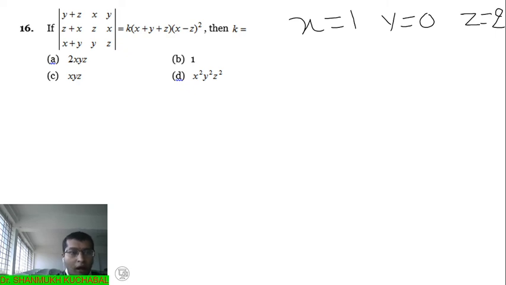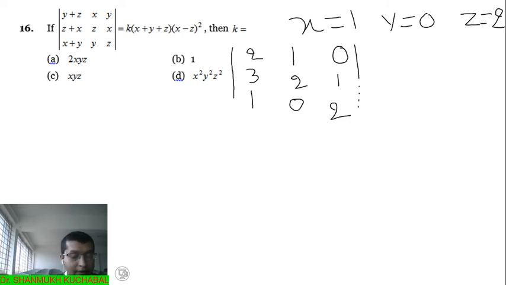Okay. If we take like this, then we get the determinant as 2, yes, y plus z is 2, next z plus x is 3, and 1, then 1, 2, 0, 0, 1, 2 here, right?